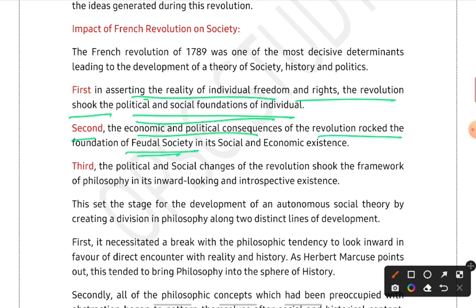Feudal society, which was prevalent before in the Dark Ages, the 14th, 15th century, was not very receptive towards the society it was governing. Third, the political and social changes came up, and the inward looking and introspective existence totally broke down.